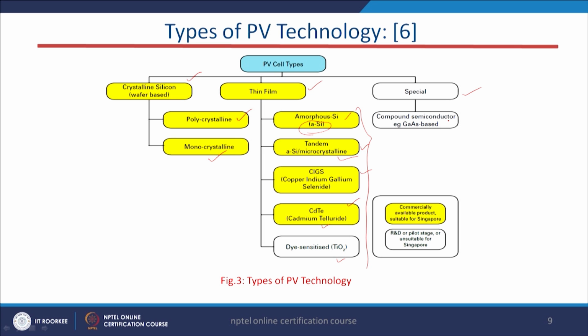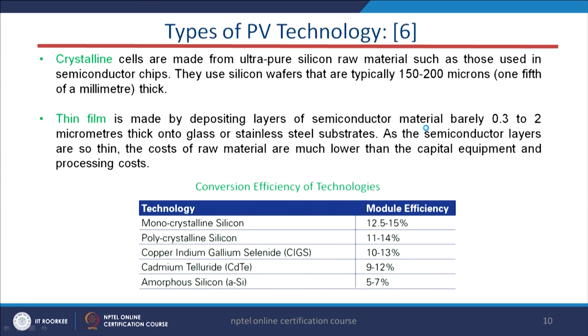Now, this is a special type, that is compound semiconductor type PV cells, basically GaAs based PV cells. As far as the technology is concerned, their efficiency also varies.